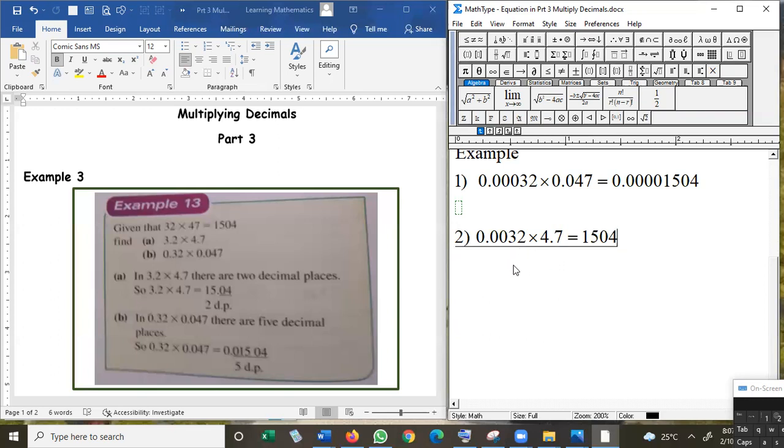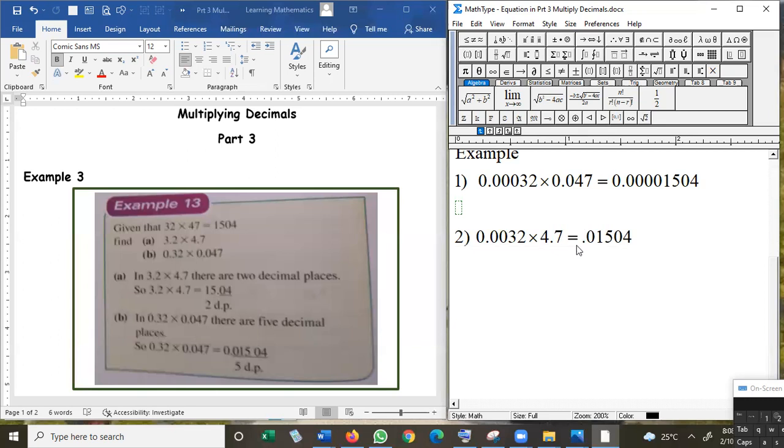1, 2, 3, 4, 5 decimal places. Remember, you don't start counting yet. Once you put your pencil there, when you make a shift, a step, then you say 1, 2, 3, 4, 5.